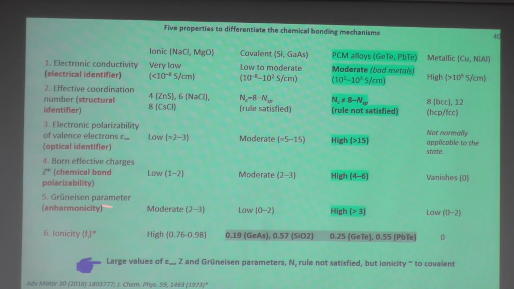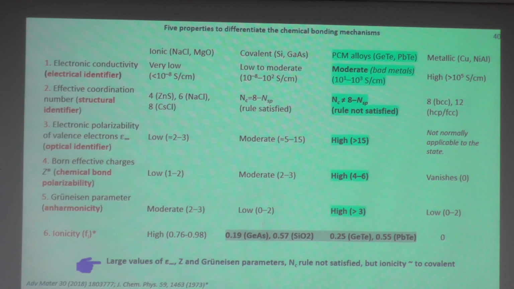For the Grüneisen parameter, ionic is moderate, covalent low, and for PCM again high, while here it's low. On the ionicity, it is on the order of covalently bonded material. PCM, like germanium telluride, is 0.2, and silicon dioxide is also in this range.